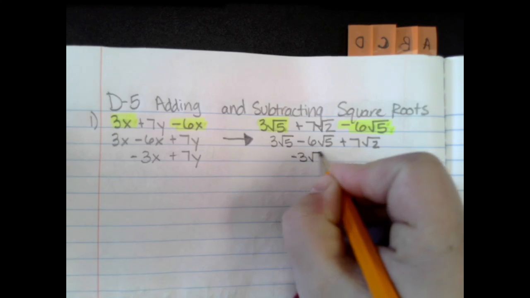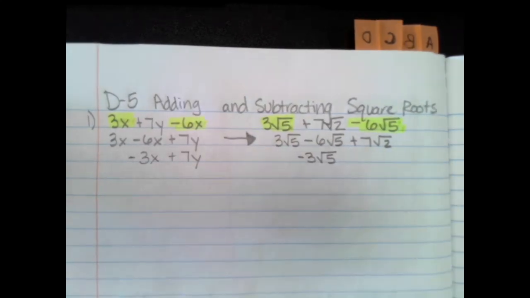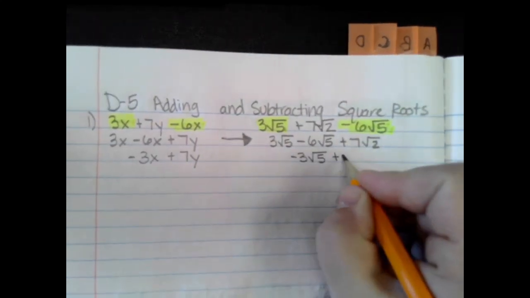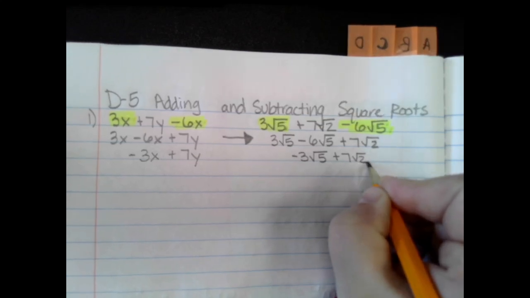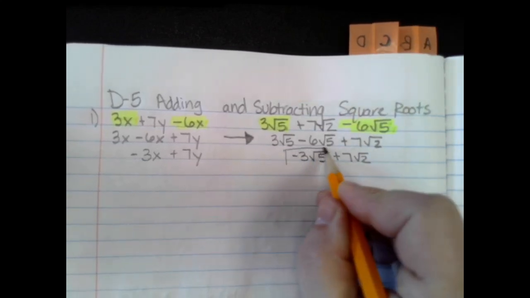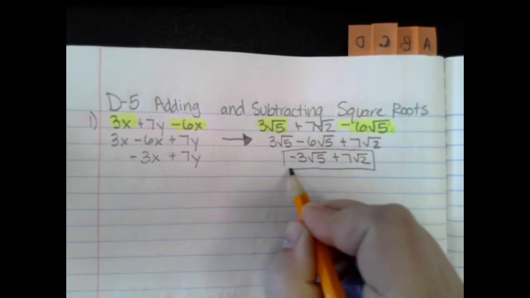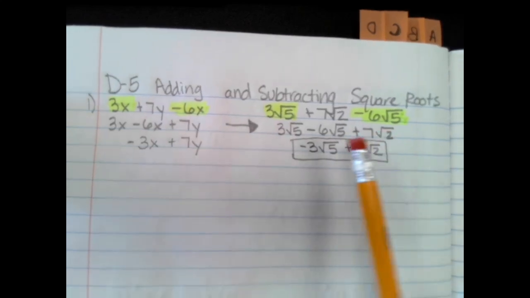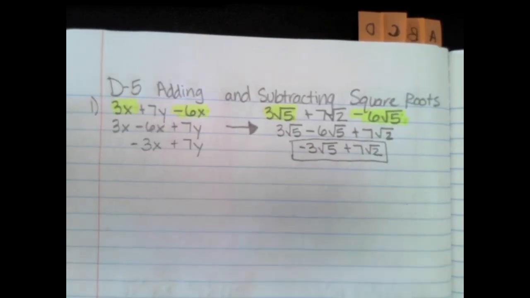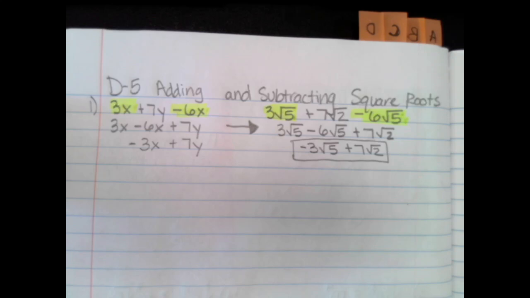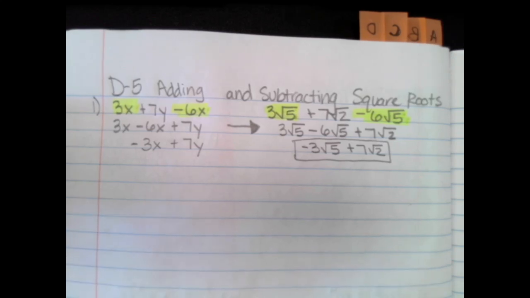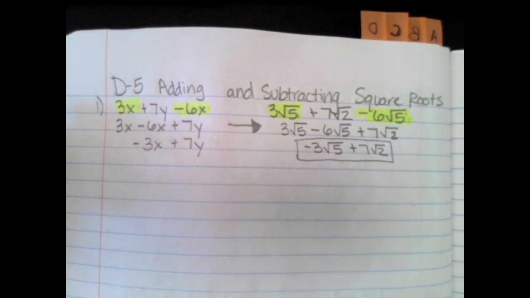We keep the square root of 5 just as it is, and then plus 7 square root of 2. Really just the same thing we've done before with x's and y's, but now with square roots.